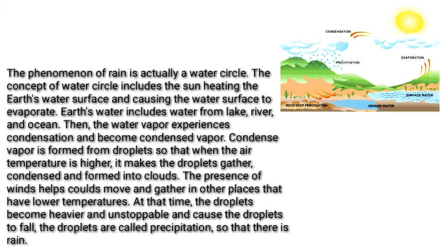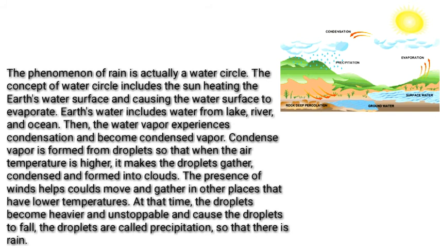The phenomenon of rain is actually a water cycle. The concept of the water cycle includes the sun hitting the Earth's water surface and causing the water to evaporate. Earth's water includes water from lakes, rivers, and oceans. Then, the water vapor experiences condensation and becomes condensed vapor.